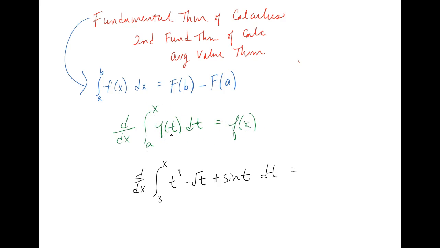So the final answer on something like this truly is x to the third minus the square root of x plus the sine of x. And that's it. This is your answer. And it's kind of awesome. You don't actually have to take an antiderivative. You don't actually have to take a derivative. This is what's going to happen.